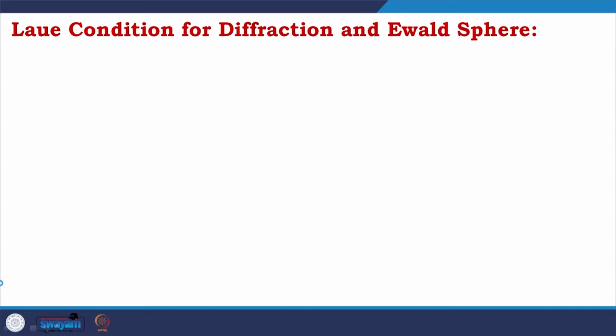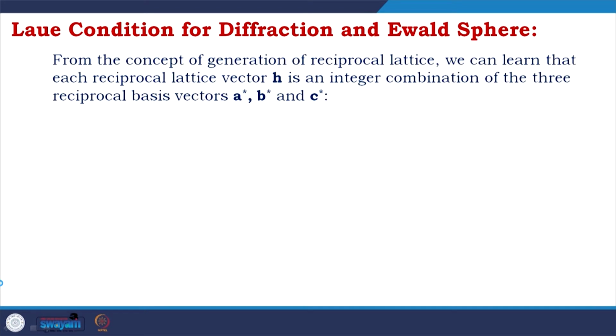So, let us discuss. We will start with the Laue condition for diffraction connecting to the Ewald sphere. From the concept of generation of reciprocal lattice which we discussed in the last few classes, we learned that each reciprocal lattice vector H is an integer combination of the three reciprocal basis vectors A star, B star and C star.